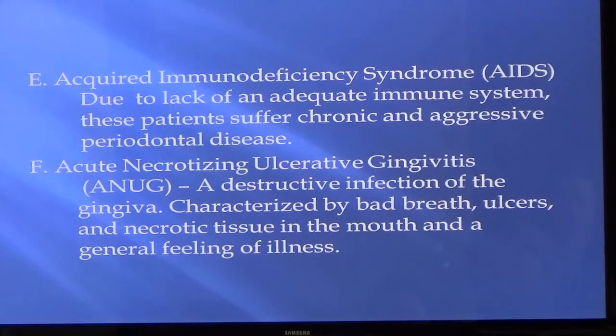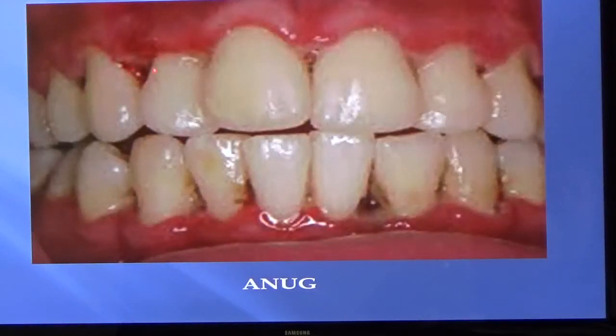AIDS, due to the lack of an adequate immune system. We talked about ANUG. This is the one where you walk into the room and go, ooh, something's in there. A destructive infection of the gingiva characterized by bad breath, ulcers in between the teeth, necrotic tissue in the mouth, and a general feeling of illness. You can see areas of necrotizing or dying tissue.